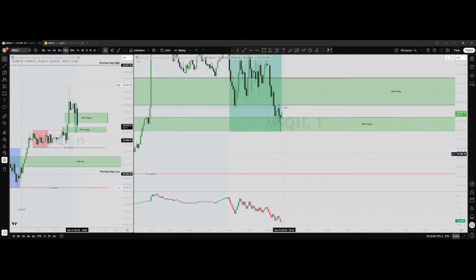Again, we are getting the signal, but with wicks. I thought it would form that signal, but it did not.